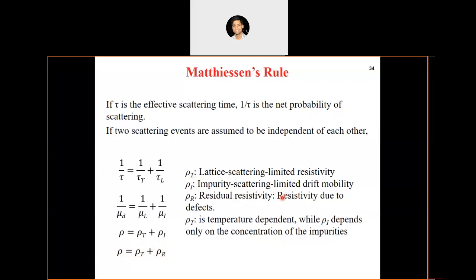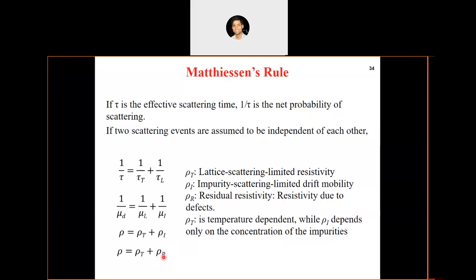This is resistivity due to defects other than the impurities, for example grain boundaries, point defects, or dislocations. Any type of defect contributes to the residual resistivity.